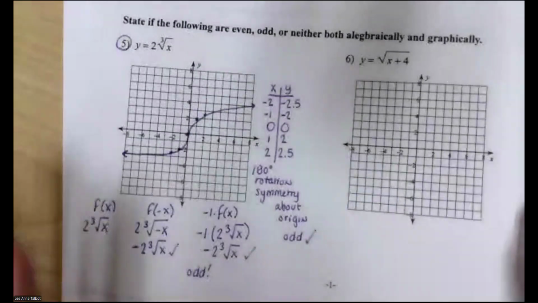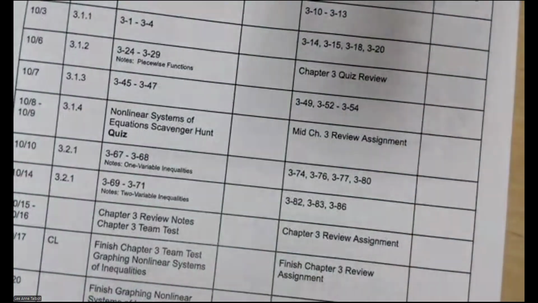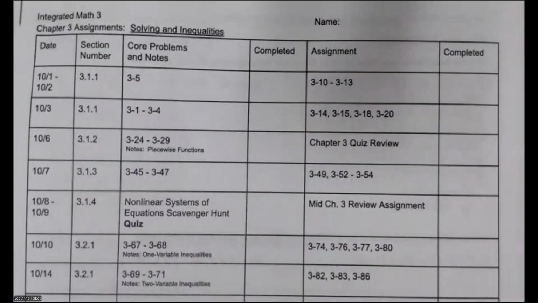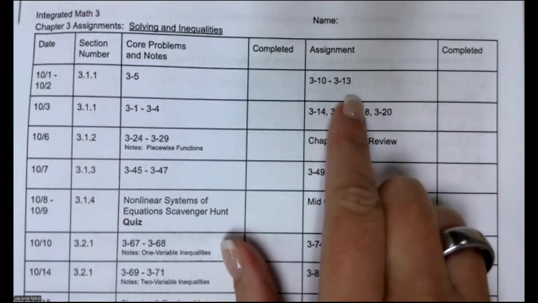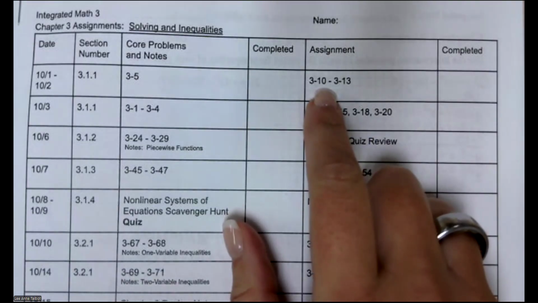Okay. Scooch this aside and let's look at the stamp sheet. So tonight's homework is CPM, problems 10, 11, 12, and 13. Remember, that means through.